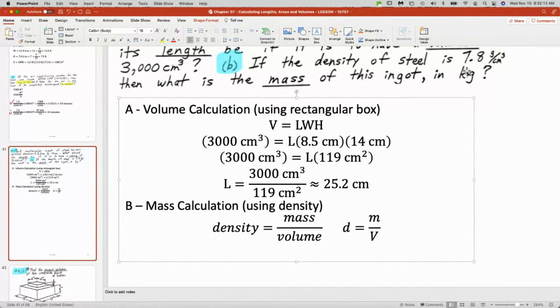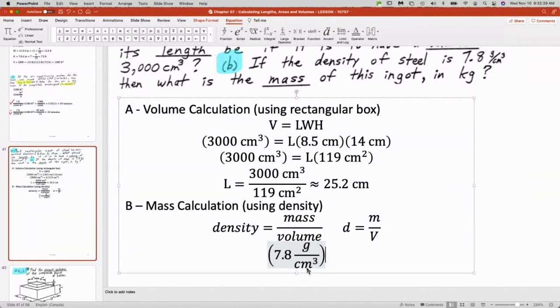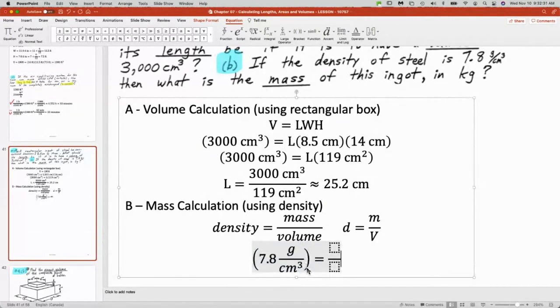You see it up here? The density of steel is 7.8 grams per cubic centimeter. So that's going to be equal to 7.8. Just a second, Huria. I'll catch up to you. I'm trying to type in some weird units here now. Mass is unknown.